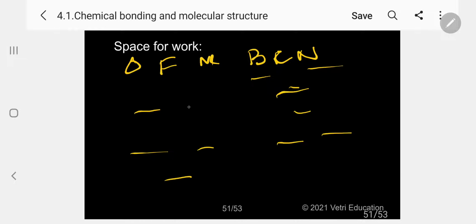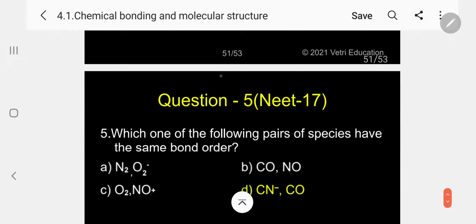This is the molecular orbital diagram you have to follow. Take the total valence electrons and fill up one by one. If it is the same level, share it, and find total bonding minus antibonding divided by 2 to get the bond order. This is the method you have to follow, my dear students. These are easy tricks.